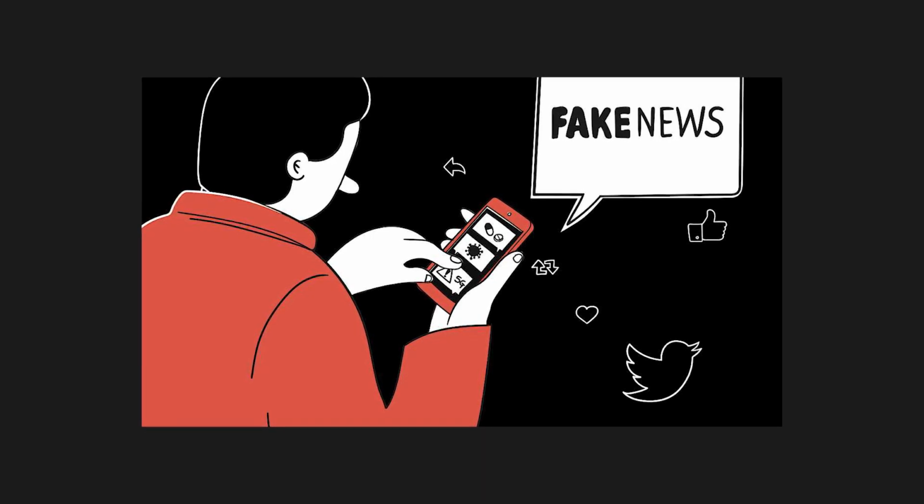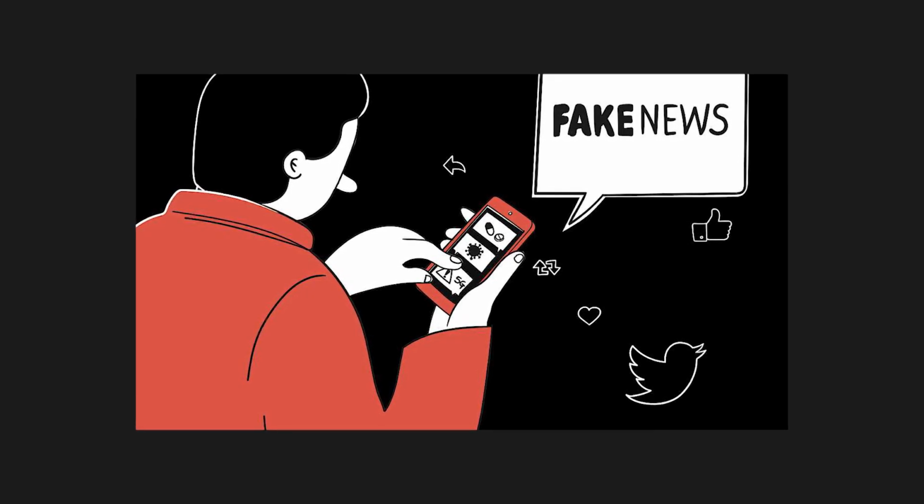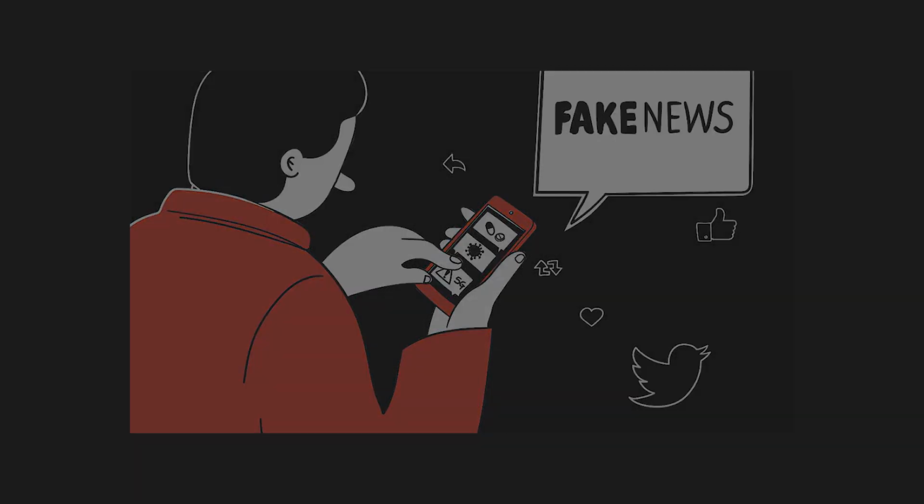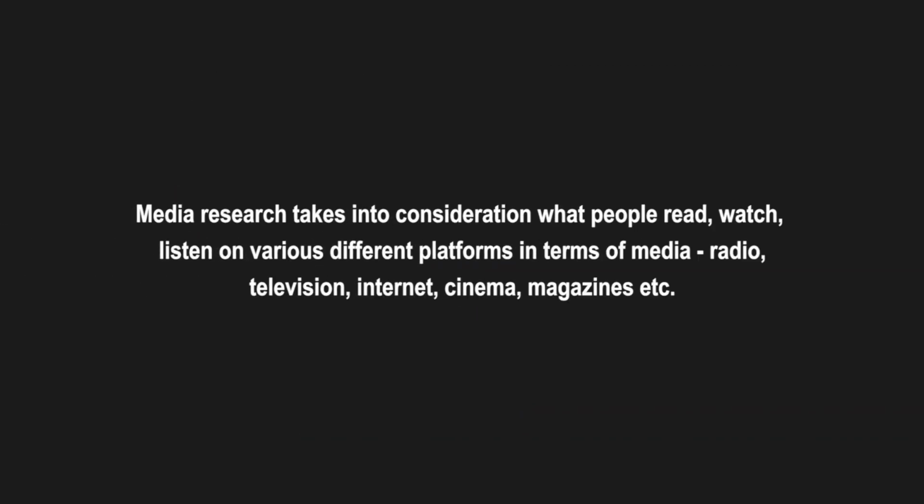So all these things come under the purview of what we understand as media research. Media research takes into consideration what people read, watch, listen to on various different platforms in terms of media: radio, television, internet, cinema, magazines, etc.